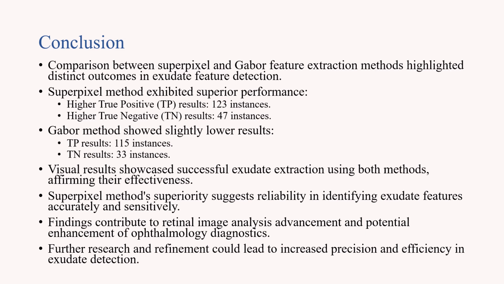The Superpixel method's superiority suggests reliability in identifying exudate features accurately and sensitively. Findings contribute to retinal image analysis and advancement and potential enhancement of ophthalmology diagnostic. Further research and refinement could lead to increased precision and efficiency in exudate detection.